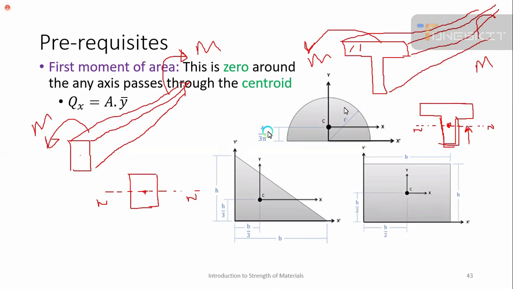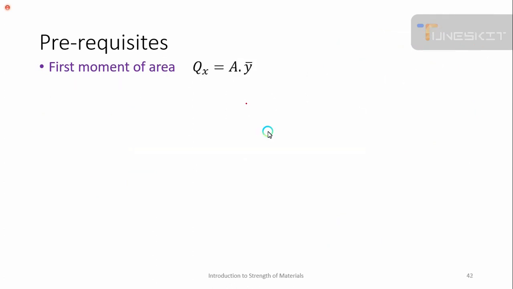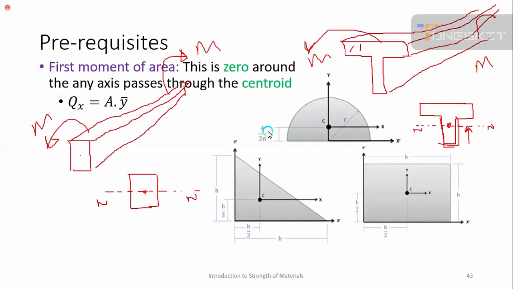Equals 0. Tell me someone. Which area? Second moment of area? Yes. First moment of inertia.